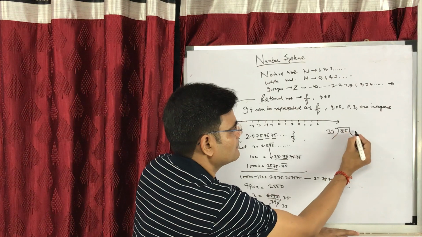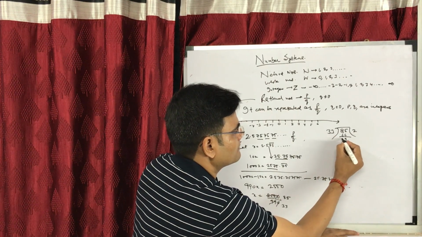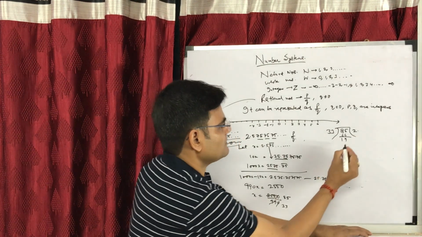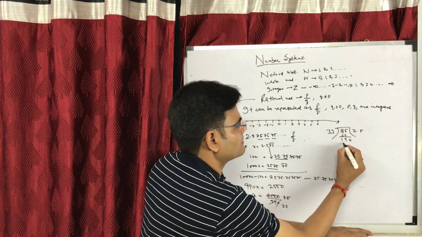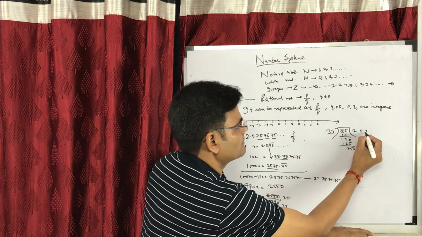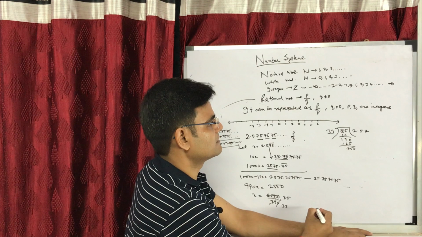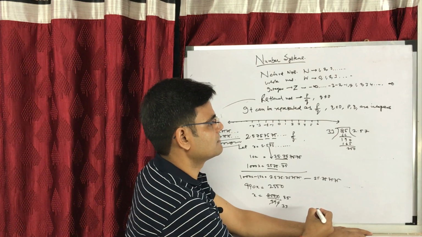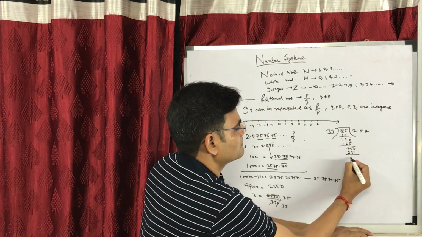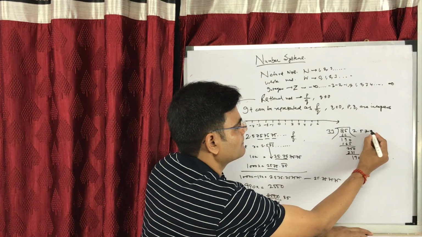If you divide, you will find 33 2s are 66, then 190, 33 5s are 165, 250, 33 7s are 231, so that gives me 190. Again 5.